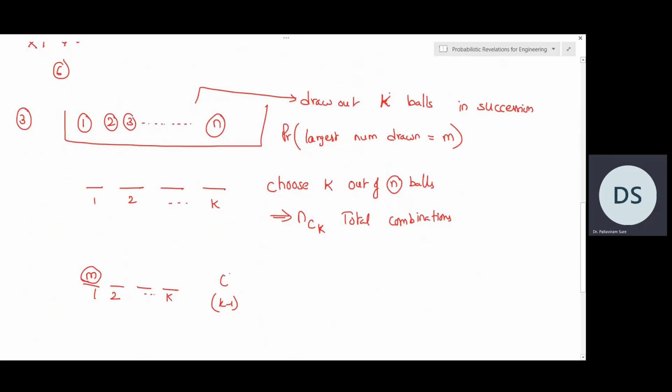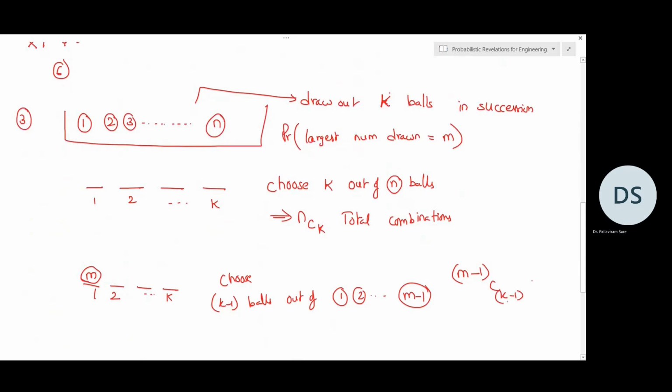So choose k minus 1 balls out of 1, 2 and so on till m minus 1, because the mth ball is occupied. And if anything greater than m comes, that means the largest number is more than m, which is not the criteria that we are looking for. So choose k minus 1 balls out of these m minus 1 balls. So these combinations are going to be (m minus 1) C (k minus 1).